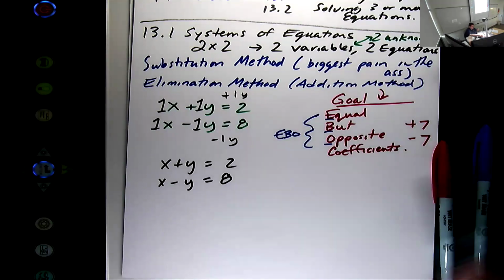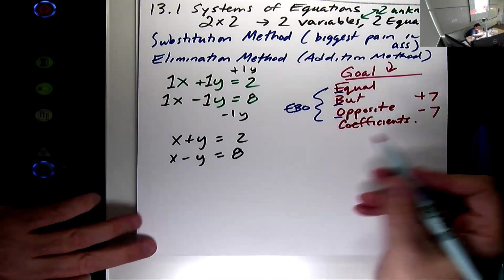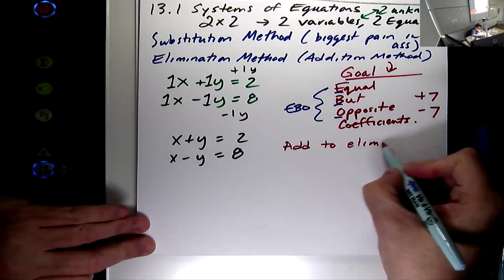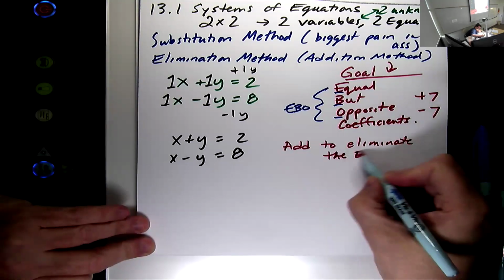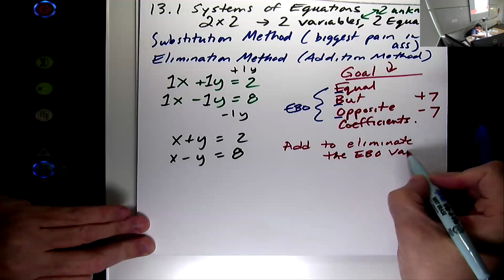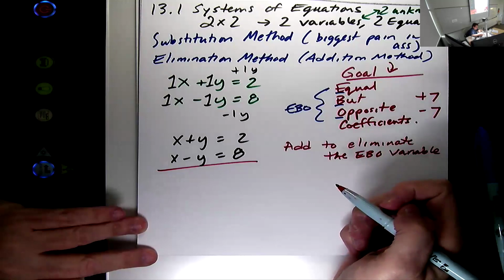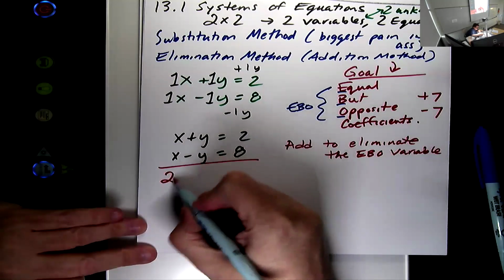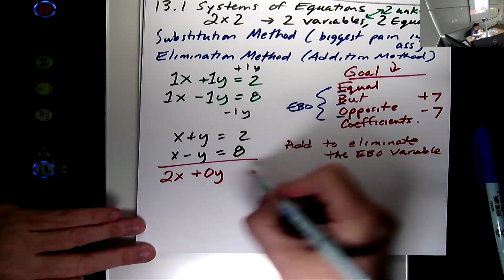So when you have them, the other reason it's called the addition method is that's what you do. Add to eliminate the EBO variable. So if I add x plus x, I get 2x. y and -y is 0y.